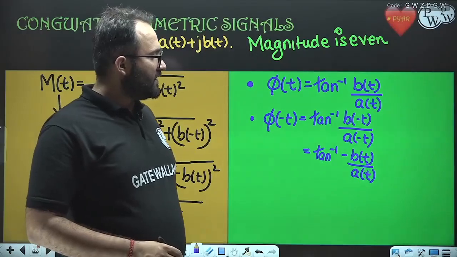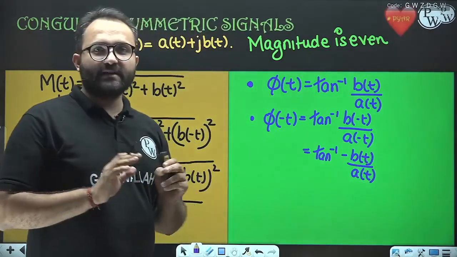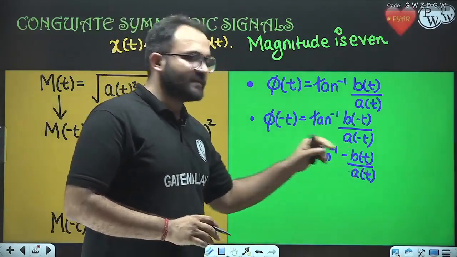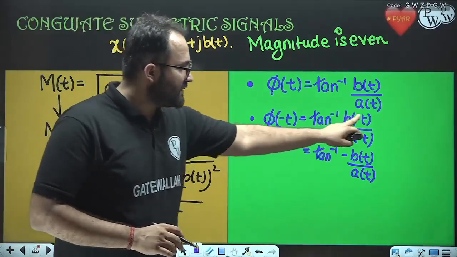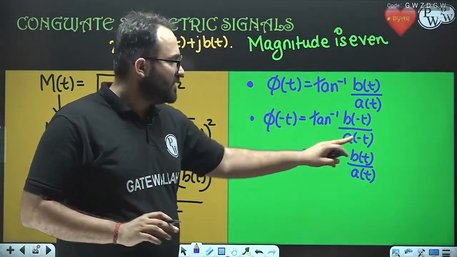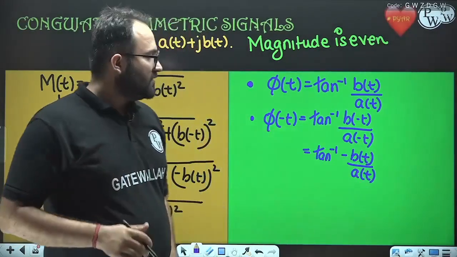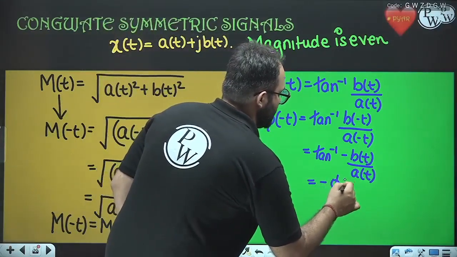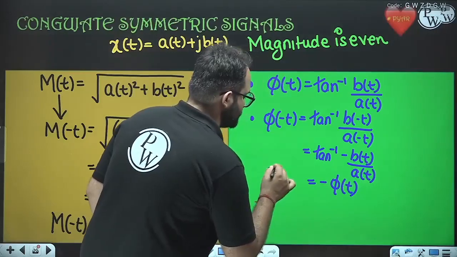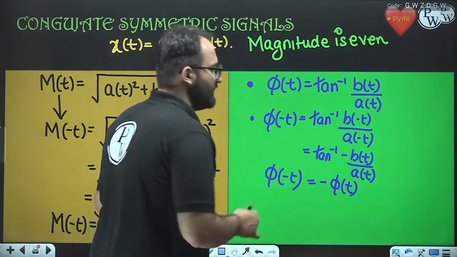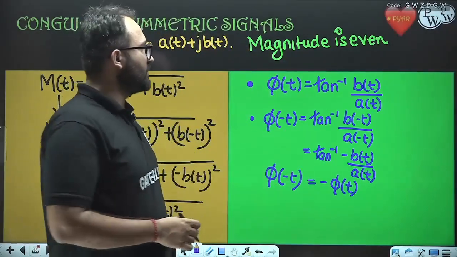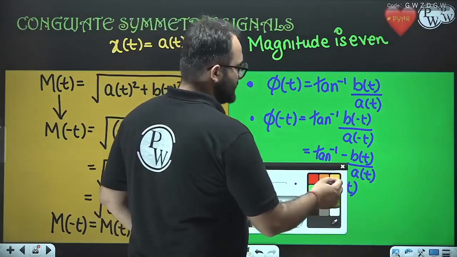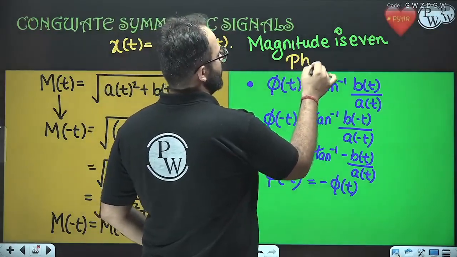The denominator is not changing, the real part is not changing, only the imaginary part is getting negative. So this will give you phi(-t) equals minus phi(t). So we can see that the phase is odd.